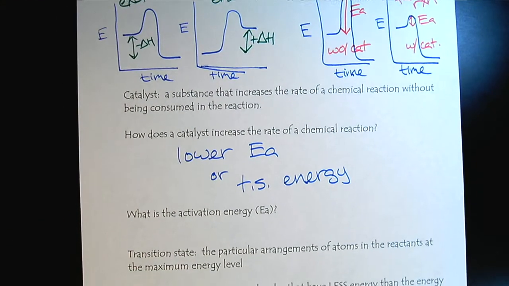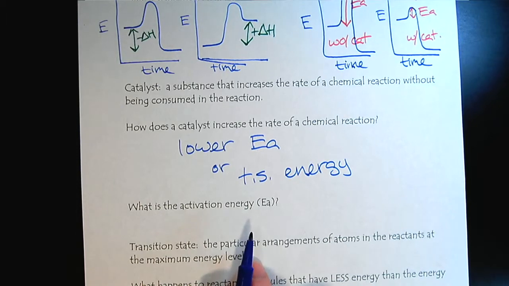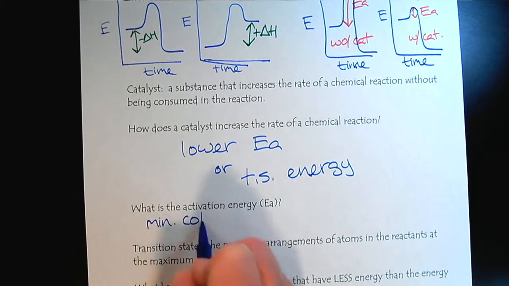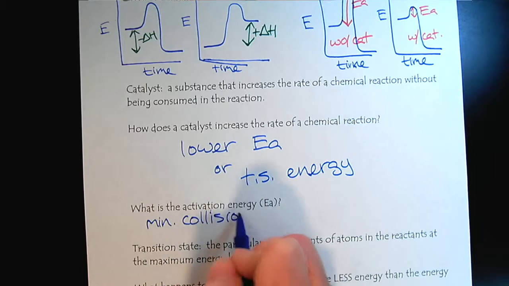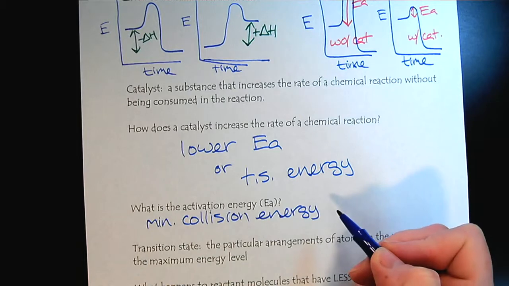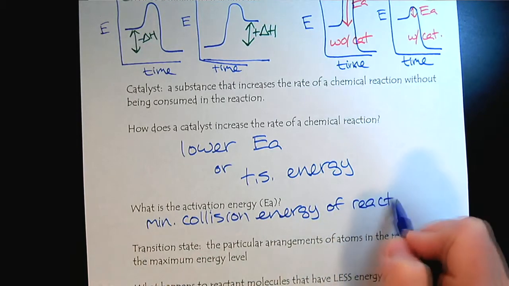And then just to think back all the way to reaction basics and collision theory, right? What is the activation energy? That is the minimum collision energy that reactants must collide with for a reaction to occur.